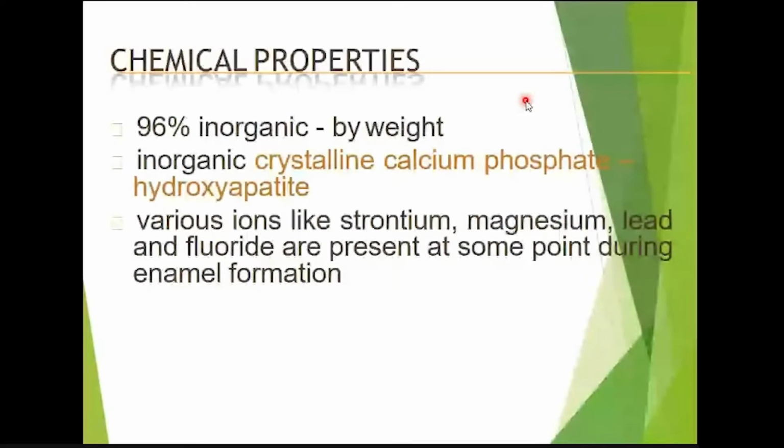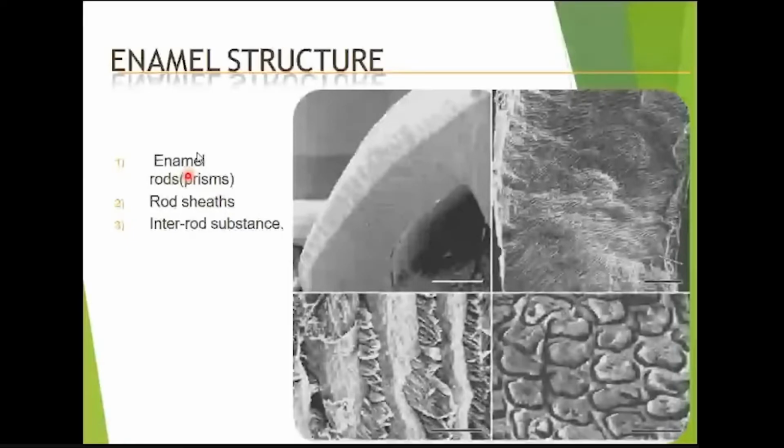Enamel structure. What are the structures that form enamel? What do we observe, what do we find? We find enamel rods. Enamel rod is the basic unit of enamel.